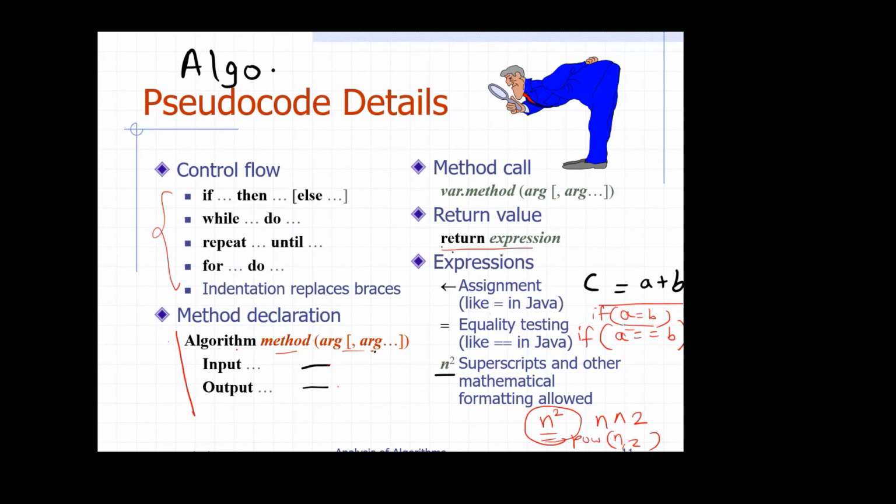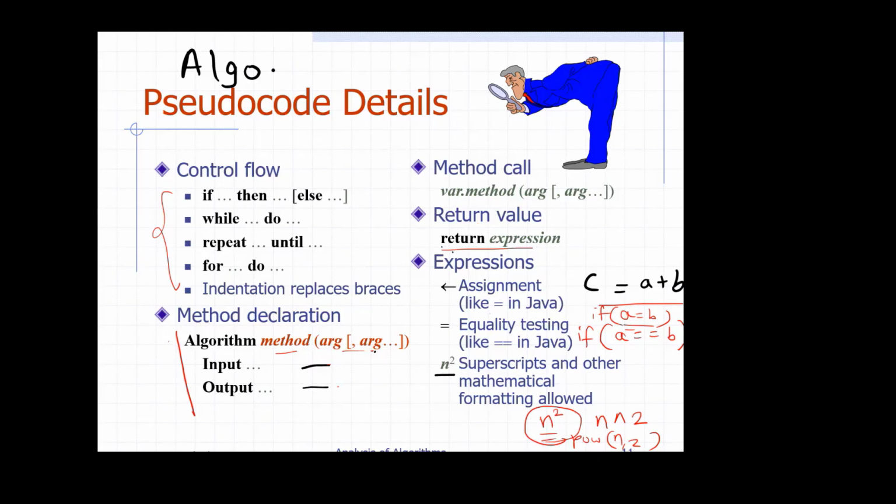And a general algorithm is shown as algorithm method, whatever the arguments of that method are, whatever is input, whatever is output, and pretty much whatever we are able to write in a program, we can also show in terms of an algorithm. Then if we have to call any method, we can say this dot method, you call, a return value, return expression.